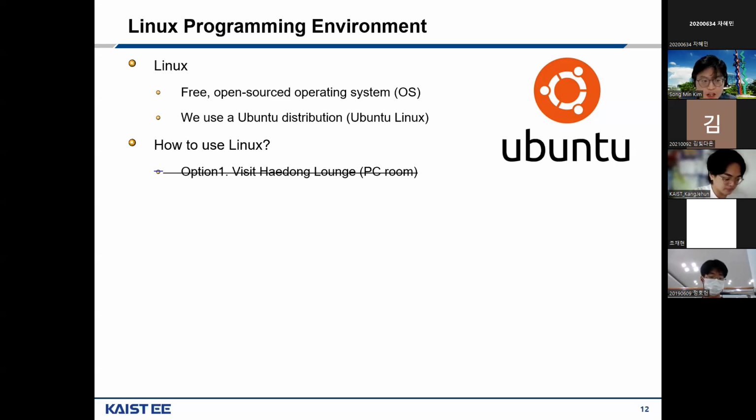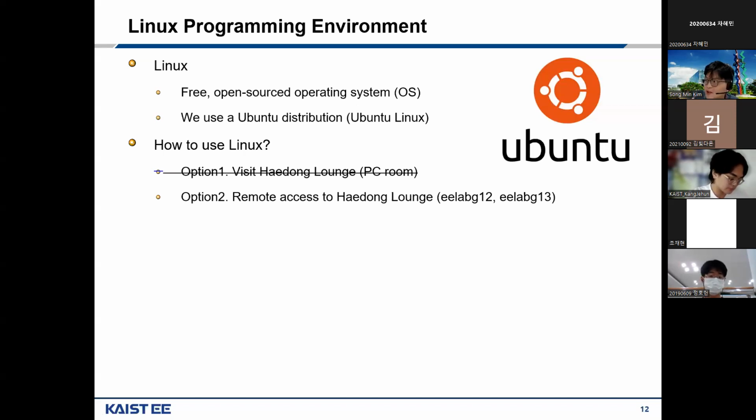So how will we be using Linux? Option 1 is visiting Hedong Lounge offline, but that's not encouraged at this time. Option 2 is more encouraged: using remote access to Hedong Lounge, where we are remotely accessing EELab G12 and EELab G13. If you're in my class, section A of EE209, I accidentally took this out.